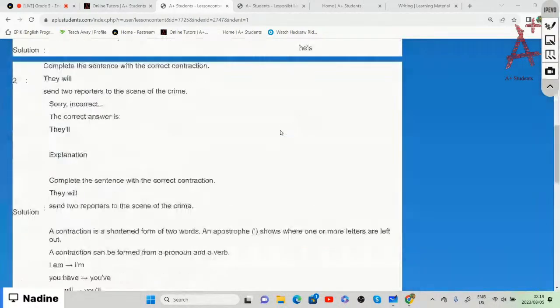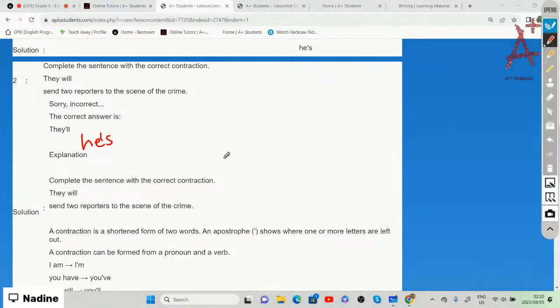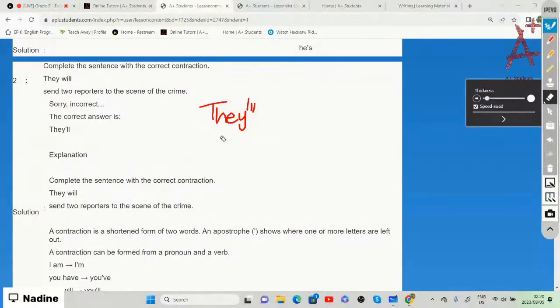All right. They will send two reporters to the scene of the crime. So they will. So if we add our contractions over here, then it will be they'll. So it will be they'll for they will.